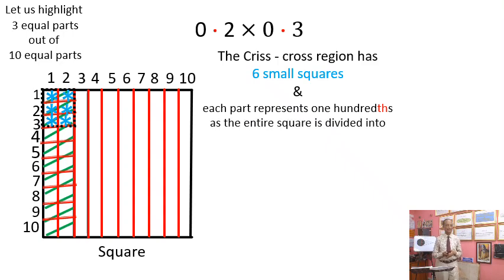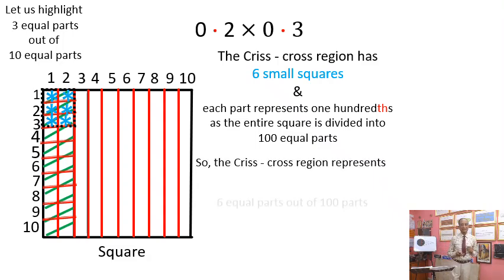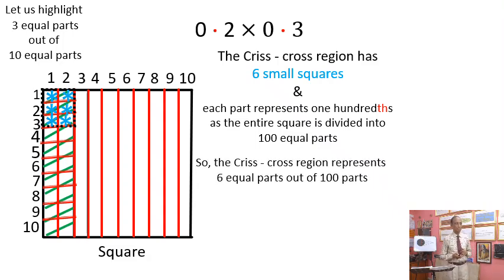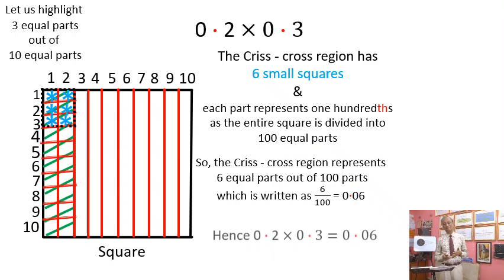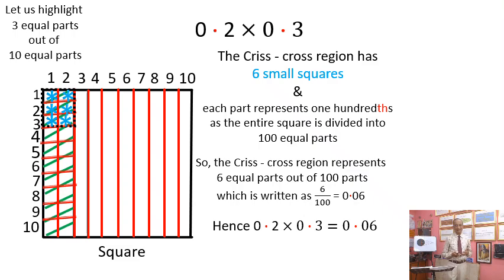So the crisscross region represents 6 equal parts out of 100 equal parts, and we write it as 6 by 100, or it is just 0.06. Hence we can conclude that 0.2 times 0.3 is 0.06. Hope it is very, very clear to you.